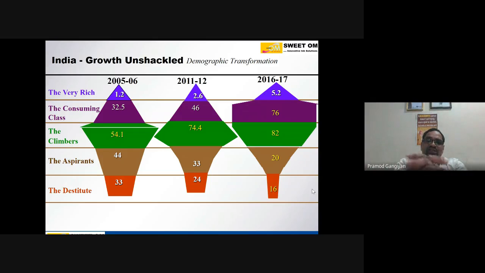We can understand it this way: in 2005-2006, how many people were using packed biscuits, Tata tea, or sugar in packed form? Everybody was taking pulses, rice, wheat or flour from a grocery store in a just repacked manner.